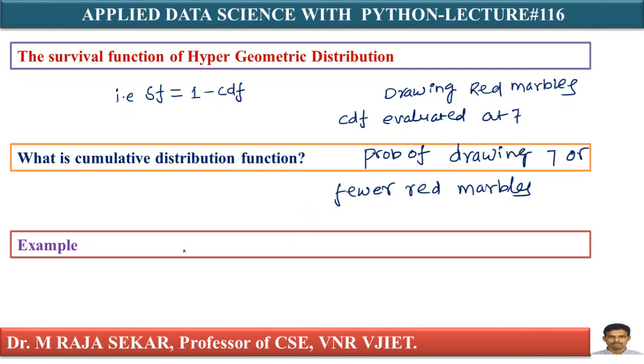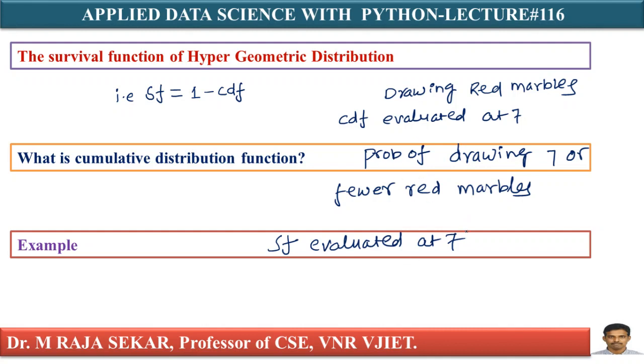Therefore, the survival function SF evaluated at 7 means I must write the opposite of this CDF.